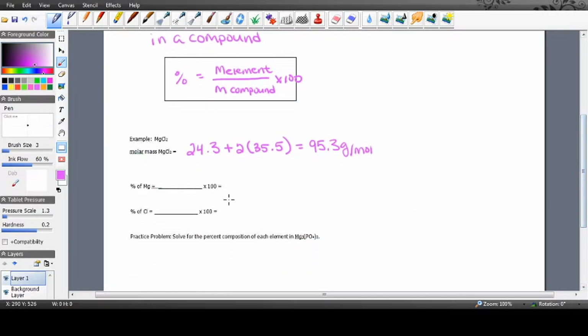So to do that, we're going to put magnesium's mass, the 24.3, over the mass of the total, 95.3, and multiply by 100. And I get 25.5%.